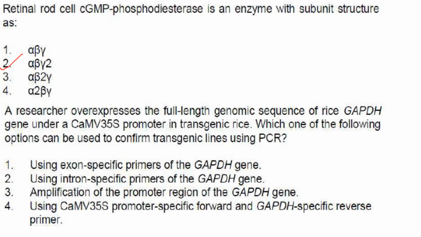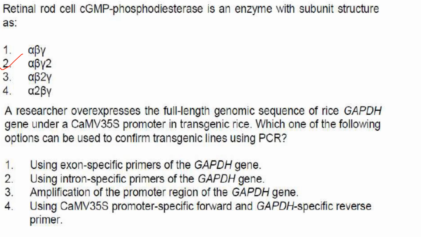Now next one. A researcher overexpresses the full-length genomic sequence of rice GAPDH gene under a CaMV35S promoter in transgenic rice. Which one of the following options can be used to confirm transgenic lines using PCR? So what this researcher has done is, he wants to overexpress the full-length genomic sequence of rice GAPDH.